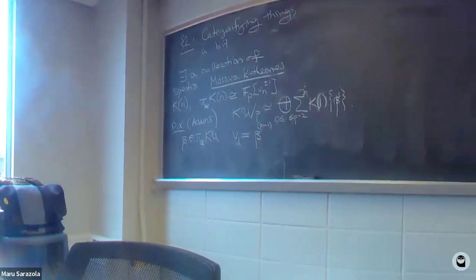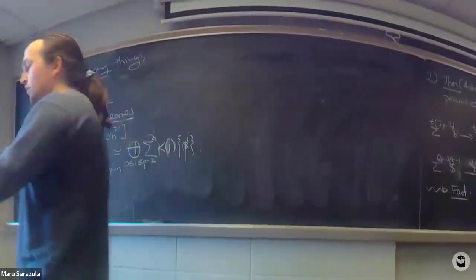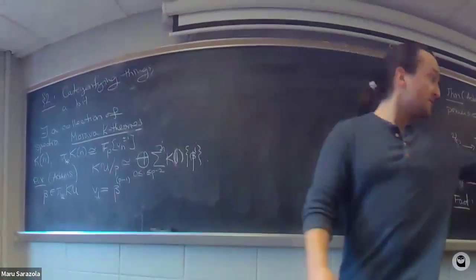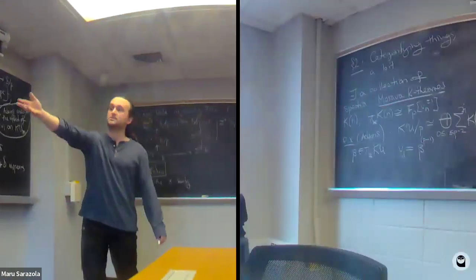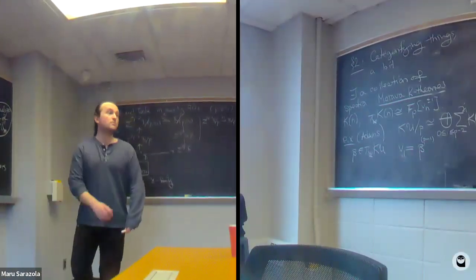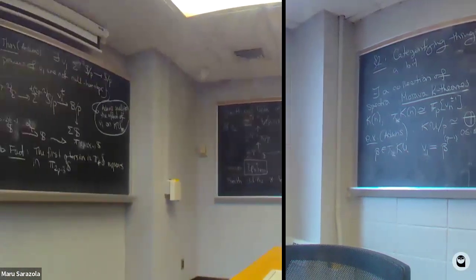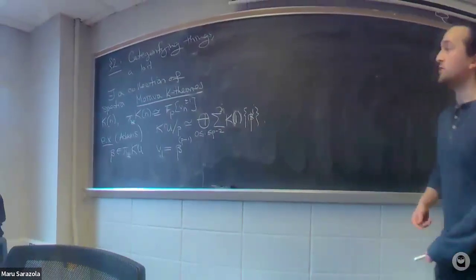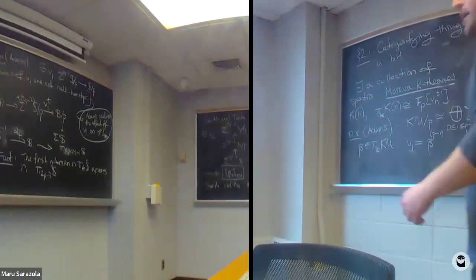And if you wanted to check that these maps and these iterates were not null homotopic, you could have just as well checked on K1 instead of KU. And this is sort of where you get this summand from.